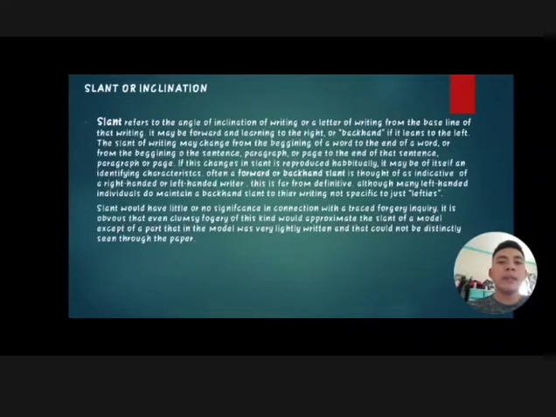The slant of writing may change from the beginning of a word to the end of a word, or from the beginning of the sentence, paragraph or page to the end of the sentence, paragraph or page. If this change in slant is reproduced habitually, it may be of itself an identifying characteristic.